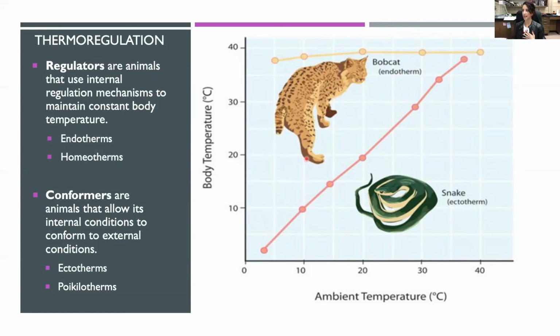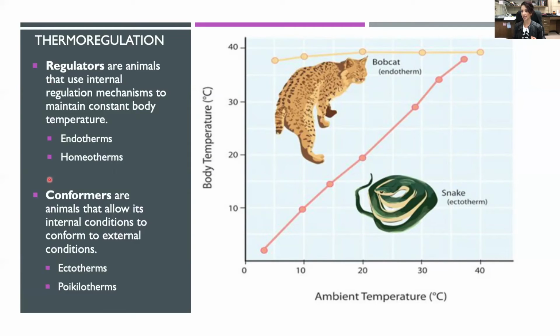So this is just like any other warm-blooded animal like you and me. It's able to maintain constant internal body temperature. They're also known as homeotherms. So regulators are also endotherms and homeotherms. Those are all synonyms for the same thing, to mean that they are able to regulate their internal body temperature.